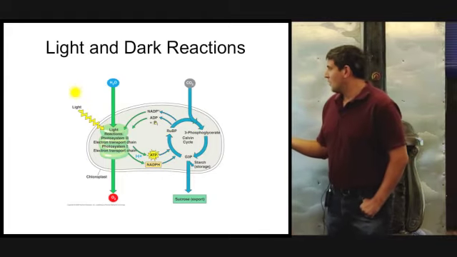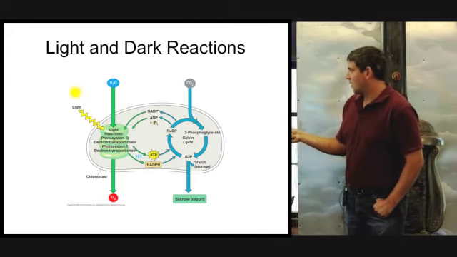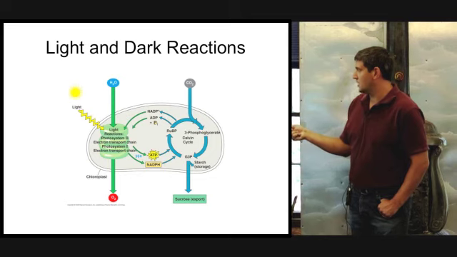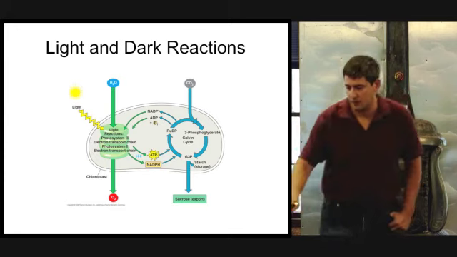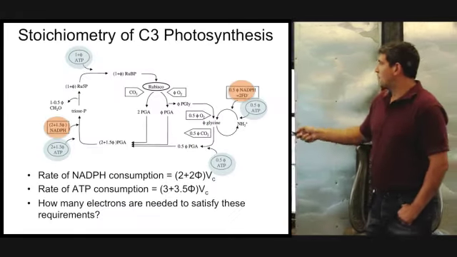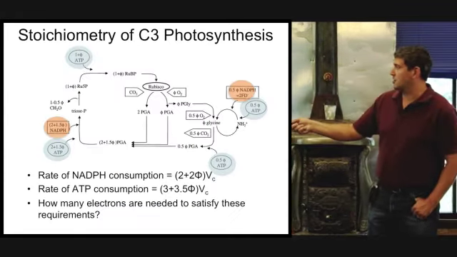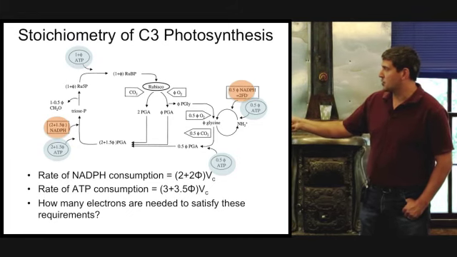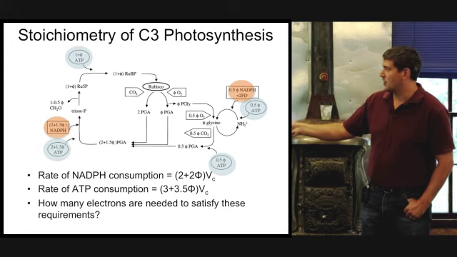All right. I kind of went over this in detail. But basically, the electron transport rate is what takes this NADP plus and ADP, converts it to ATP and NADPH, which then go into the Calvin cycle. And if you look at the stoichiometry here, here's your carboxylation event. This is great. This is what you want. And it produces 2 of these triose phosphates, which then get shuttled through your Calvin cycle.